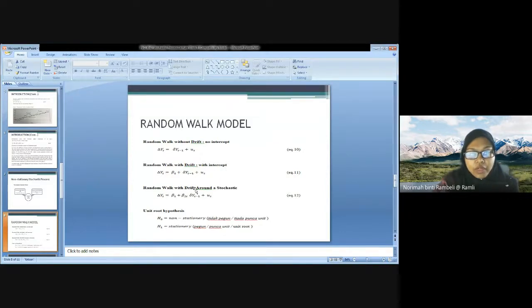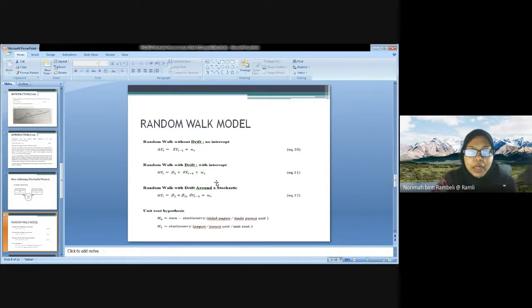Random walk with drift around a stochastic trend means that you have a time trend, so you have to put plus beta 1 plus beta 2 t plus delta y t minus 1 plus mu t.